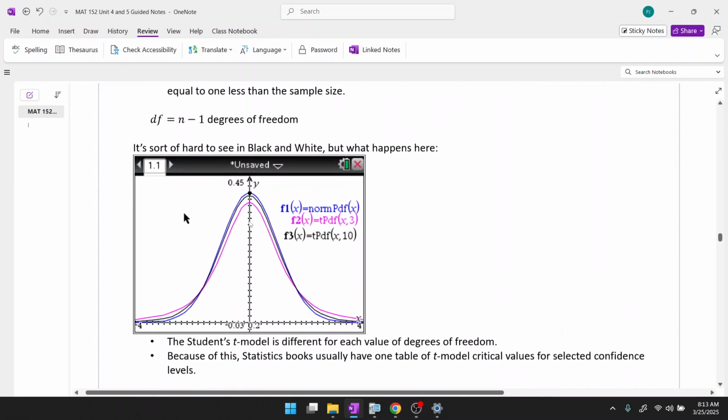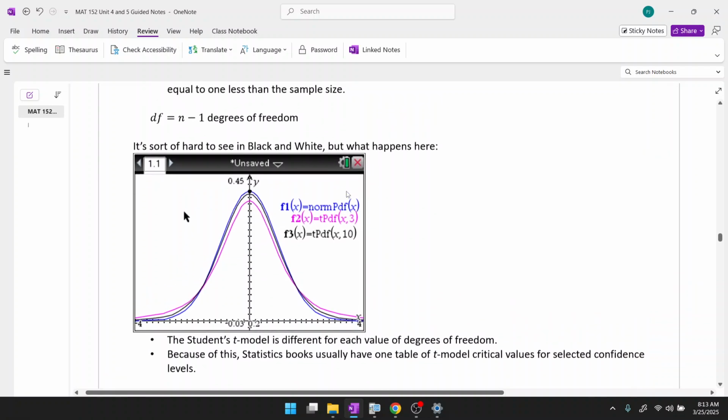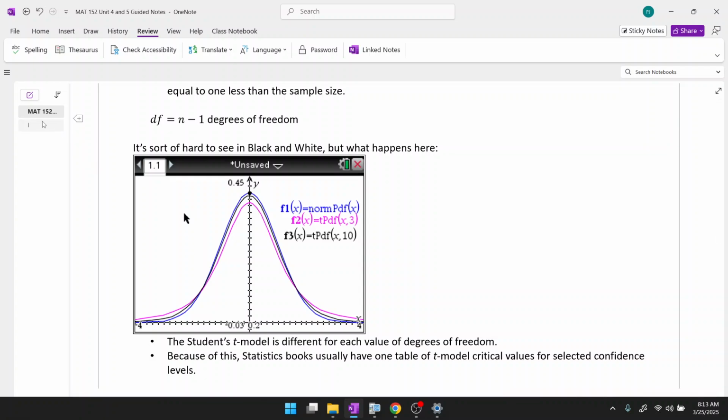And if you look at this, the normal curve has the highest peak and the lowest tail. The t-distribution with the lowest degrees of freedom has a shorter peak and the highest tail. What happens here is, as the degrees of freedom increases, it becomes closer and closer to normal.